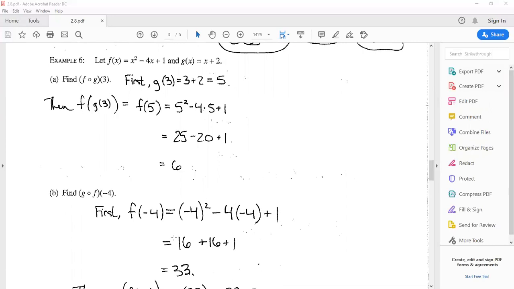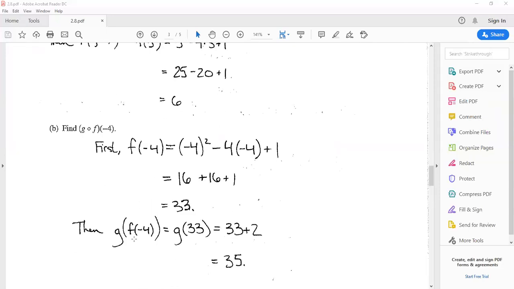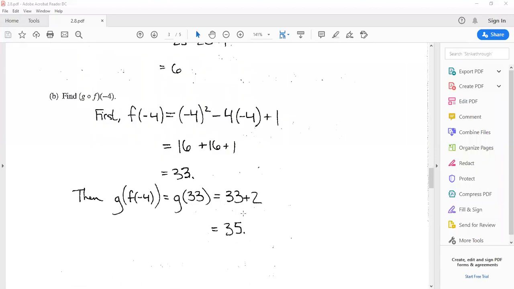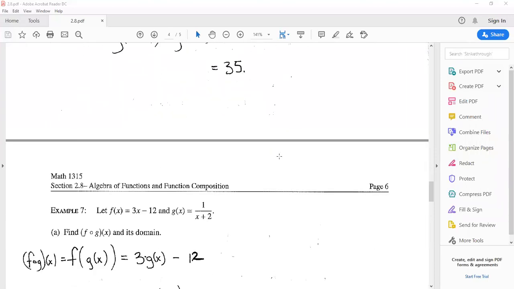I believe that gives us 16 plus 1, which is 33. And now g of f of minus 4 is really just g of 33, because we found f of minus 4 was 33. And g of 33 will be 33 plus 2, which is 35. Okay, so not so bad.